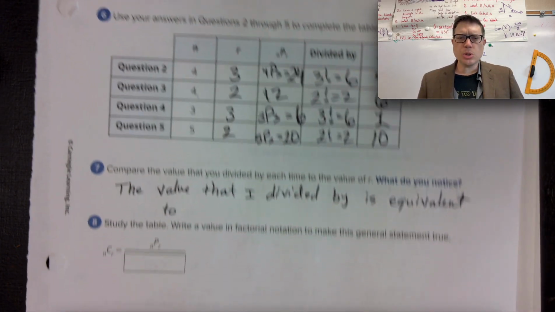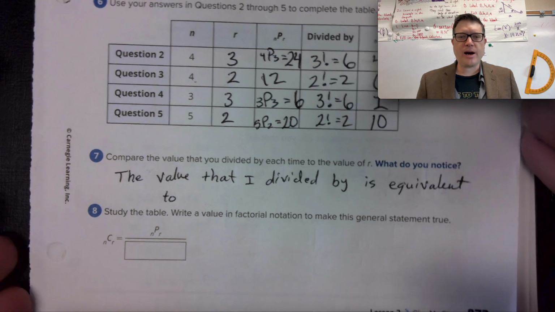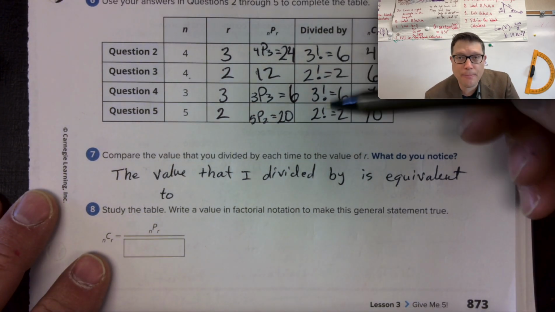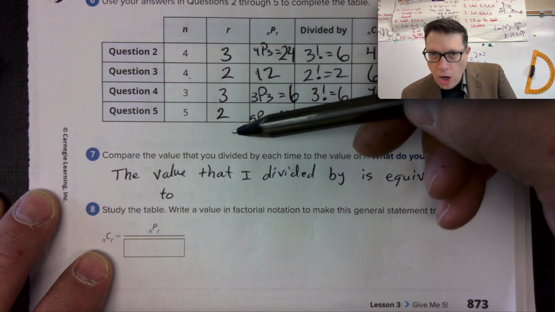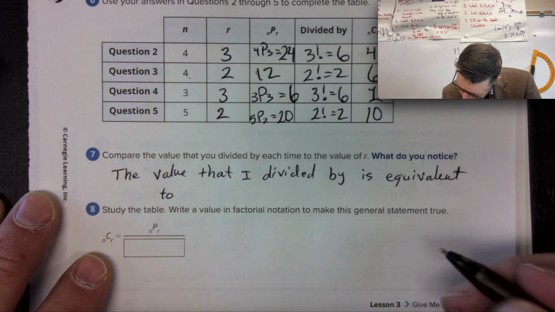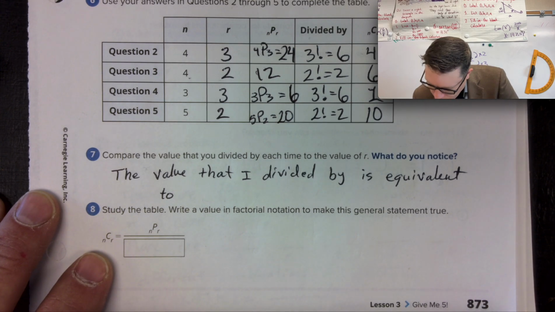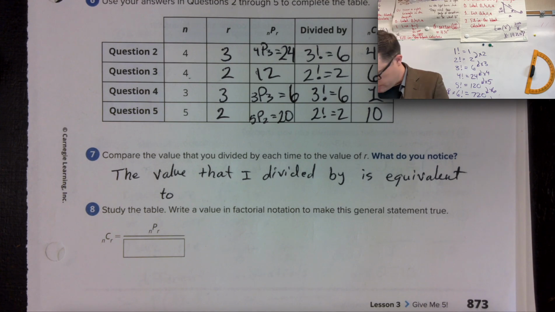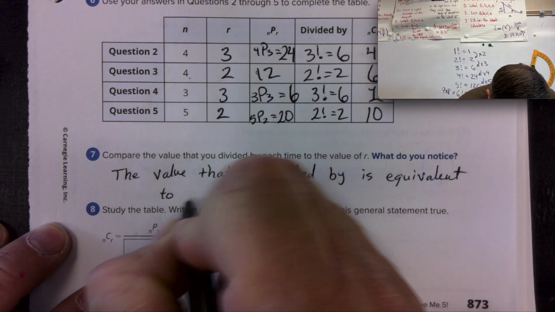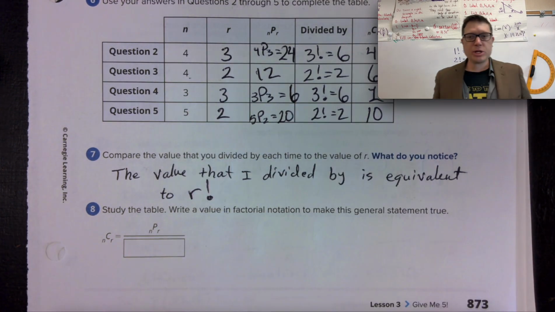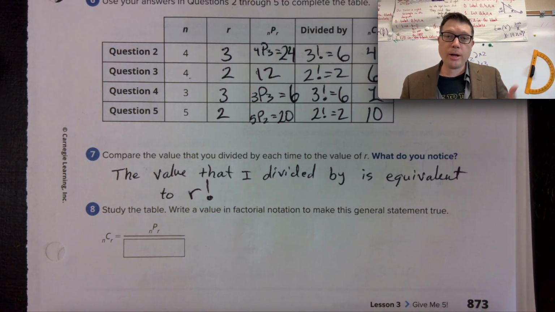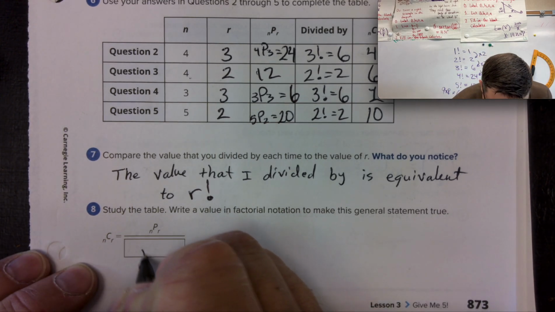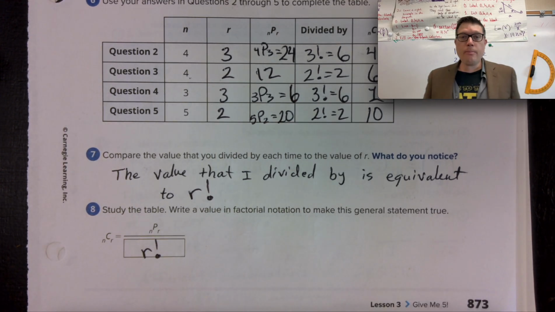Okay. So if we compare the value that we divided by each time to the value of r, so this divided by value, it is r factorial. So that's my answer. It's r factorial that we're dividing by. I just want to make sure that that's clear, is in the bottom of the combination calculation is a factorial from our number of choices.